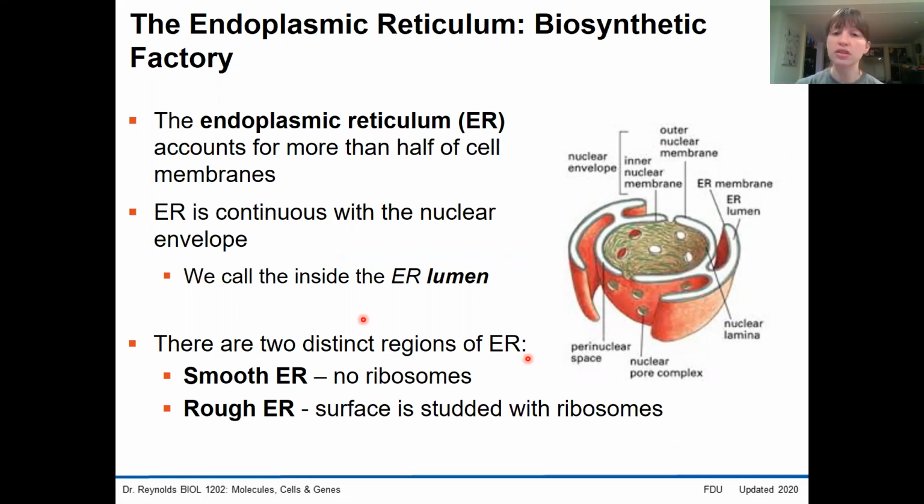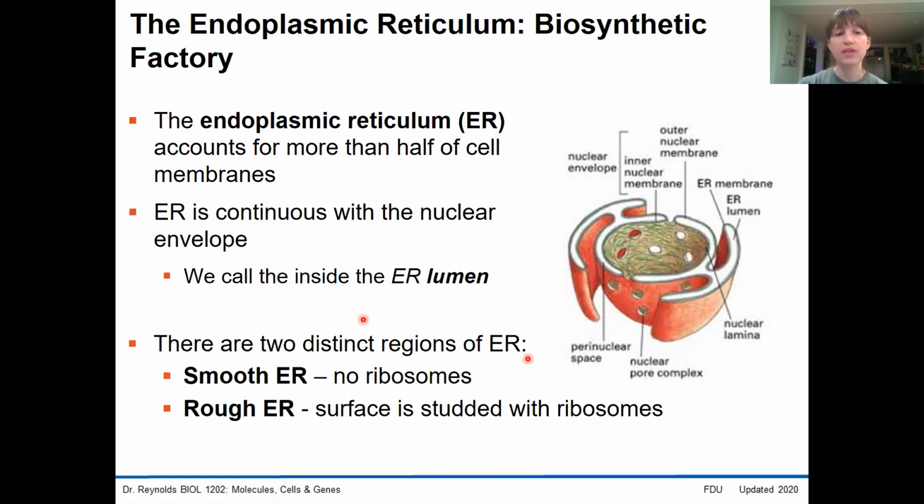And it's important that we name this space because the cytoplasm, which is that outside filling inside of the cell, is never going to mix with the inside of the endoplasmic reticulum. And so the lumen and the cytoplasm are two completely separate spaces. So that membrane, in addition to having its own functions and that surface area, is a wall that divides the lumen of the ER from the cytoplasm.